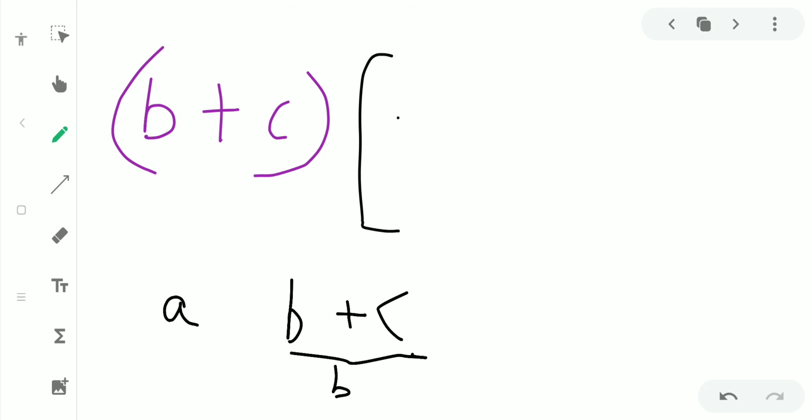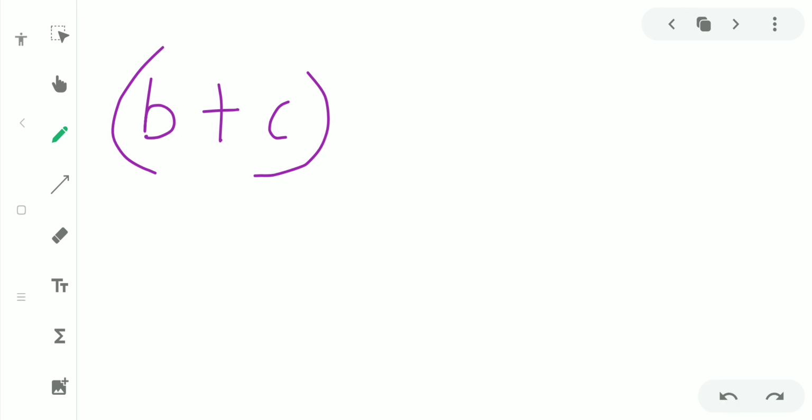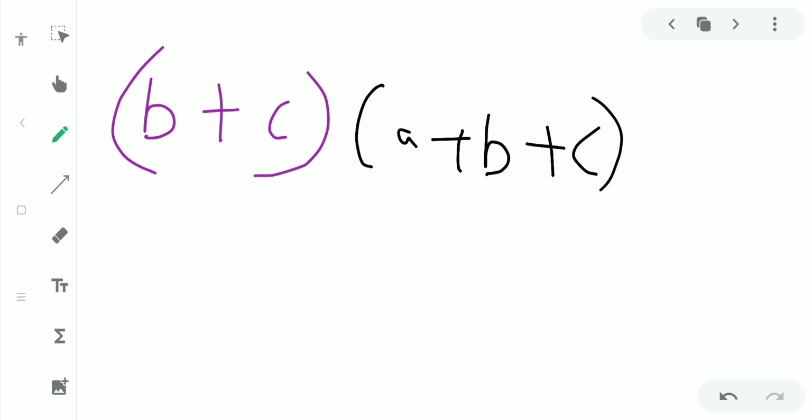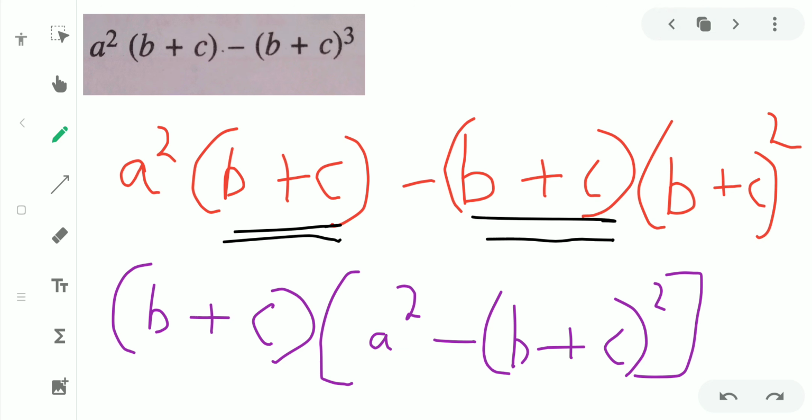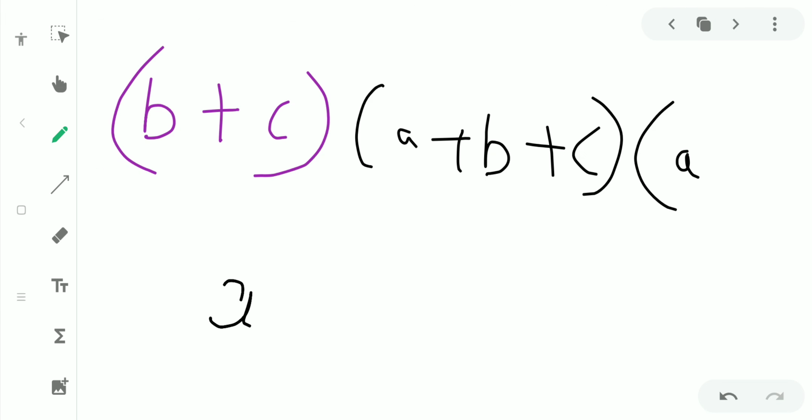And a minus, because here we should take a minus of b plus c.